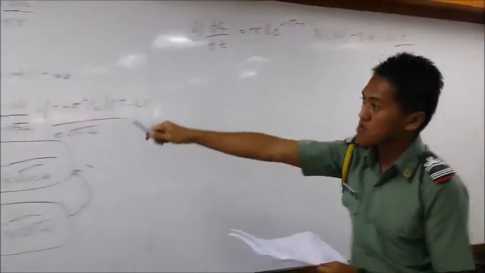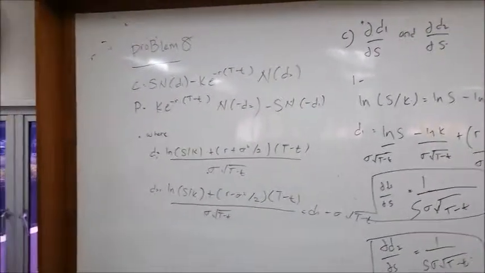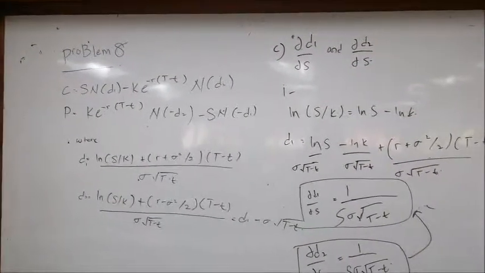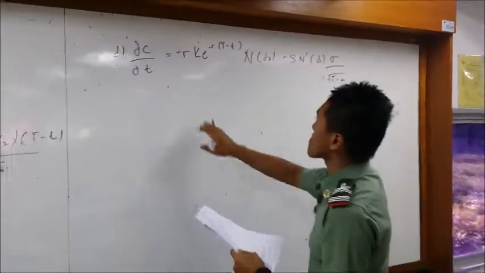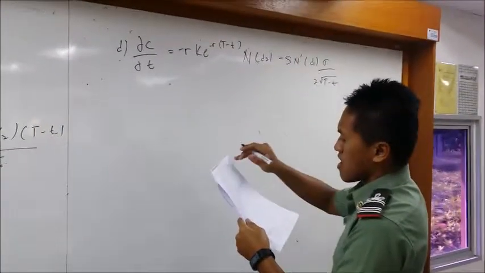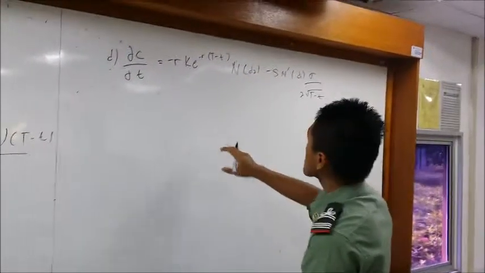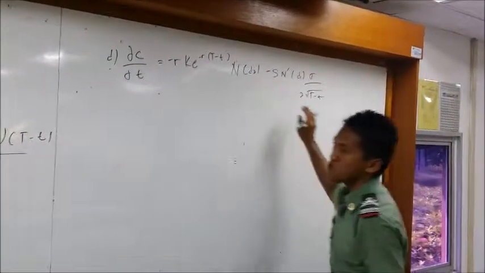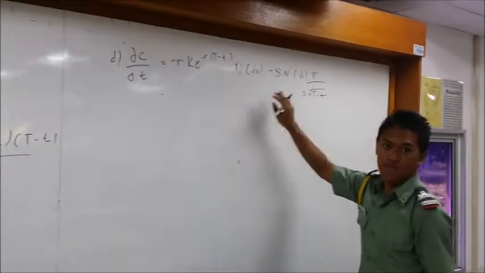So we must prove ∂C/∂t. Recall that C equals S N(d1) minus K e^(−r(T−t)) N(d2). So we must differentiate the function with respect to t. When we differentiate with respect to t, we note that there is t in d1 and d2, so be careful on this function and on d1 and d2.